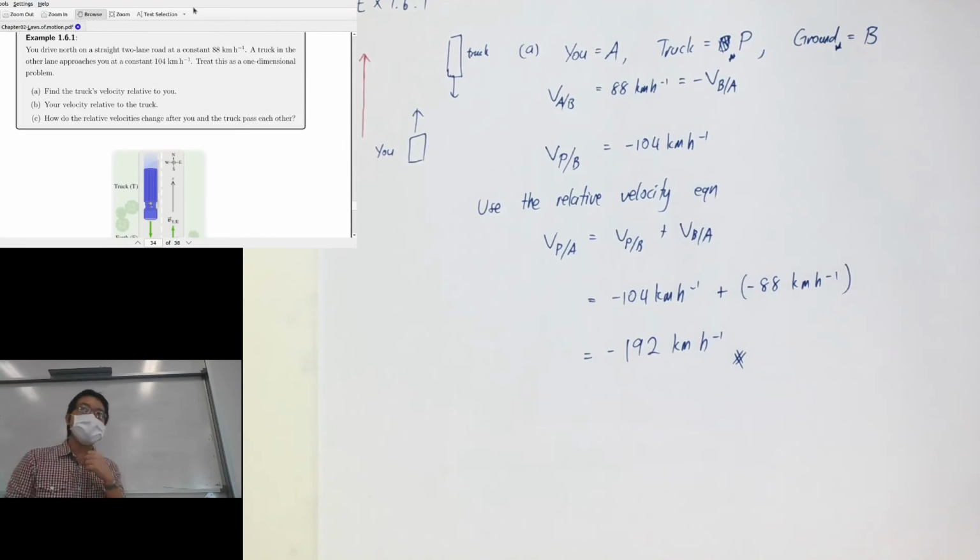So let me repeat the question. You're asking that car A is moving, taking this as positive, and then the truck is coming in the other direction. So do we put it this way or this way? Usually, to make your life easier, we just put everyone in the same direction. If you do it the other way, you can also, but you need to remember to switch back the sign when you do the calculation.